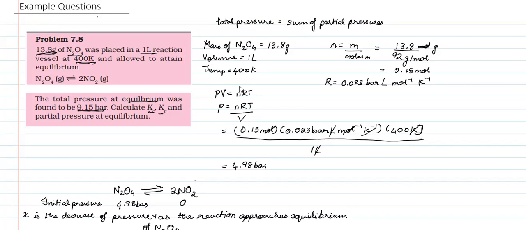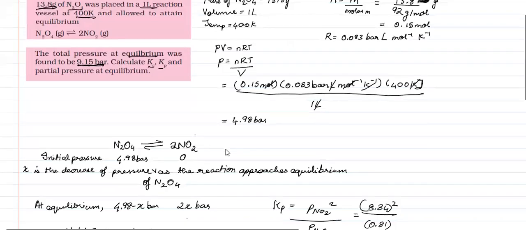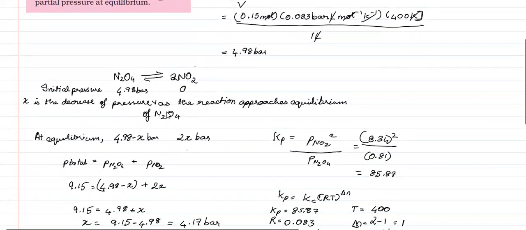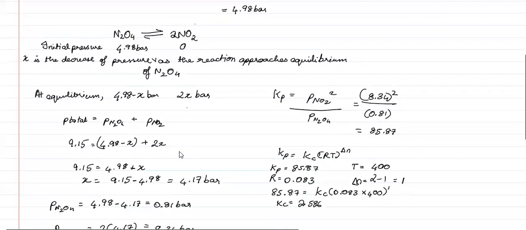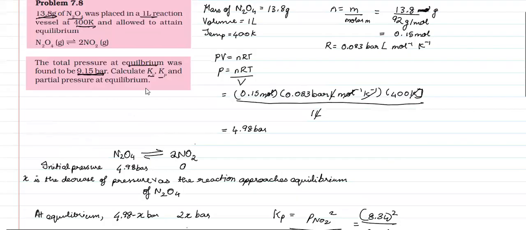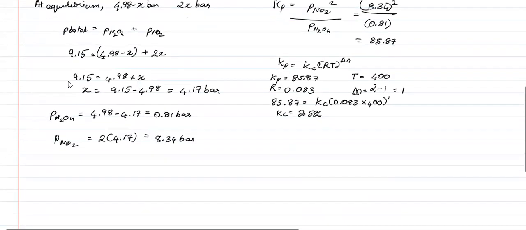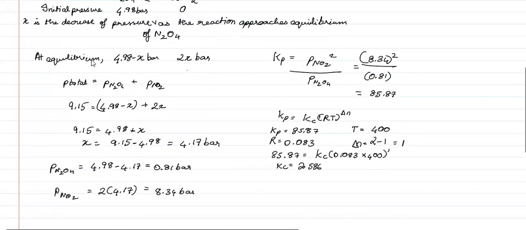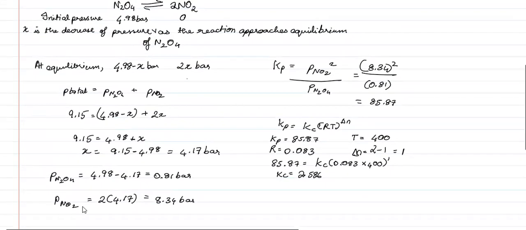So using the formula PV equals nRT, we were able to calculate the initial pressure of N2O4, and using X as the decrease in pressure of N2O4 as the reaction approaches equilibrium, we were able to calculate the value of X because we were given the pressure at equilibrium as 9.15 bar. And we first calculated the value of X, and then we calculated the partial pressures of N2O4 and NO2.